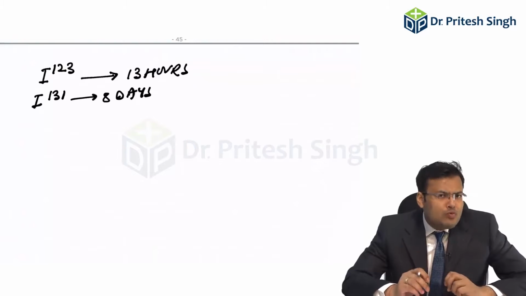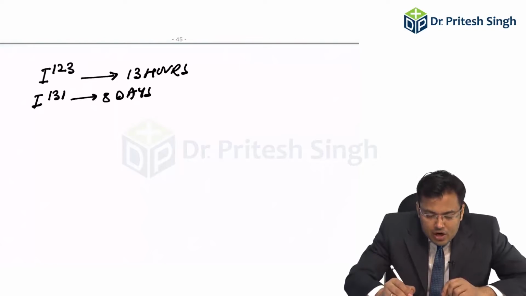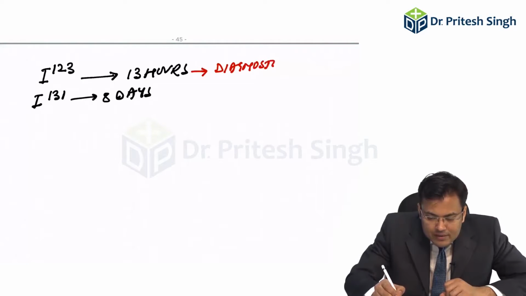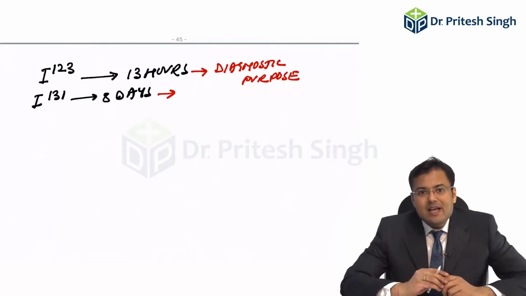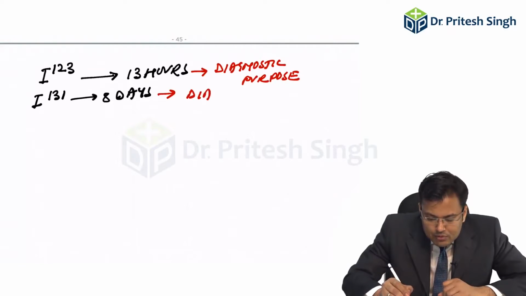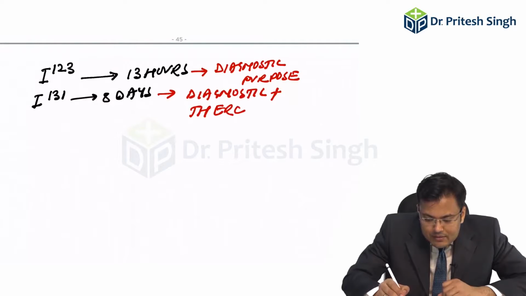Since iodine 123 has a shorter half-life, that's why it's used for diagnostic purpose only. And since iodine 131 has a longer half-life, that's why it is used for both diagnostic as well as therapeutic purpose.